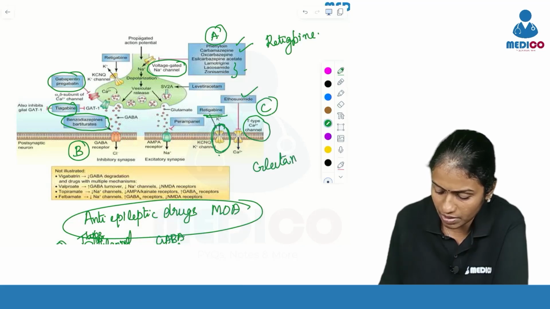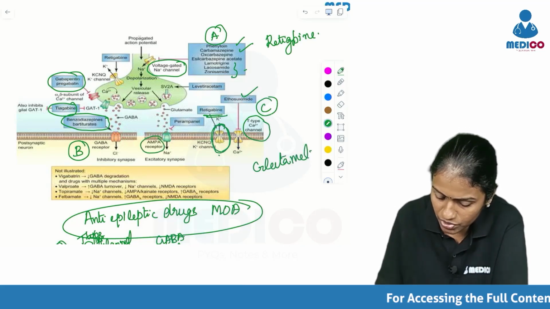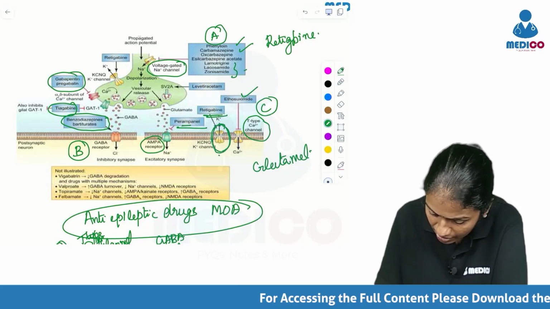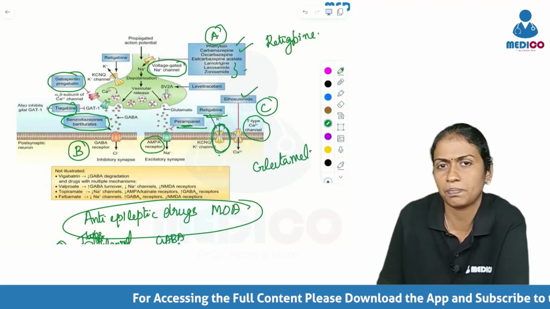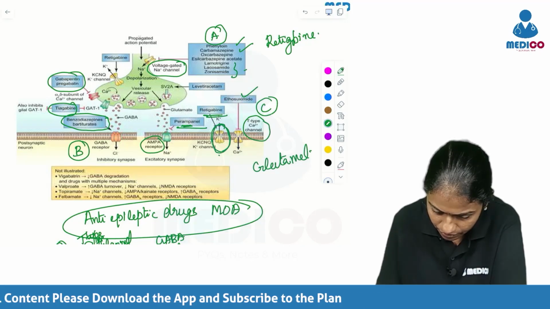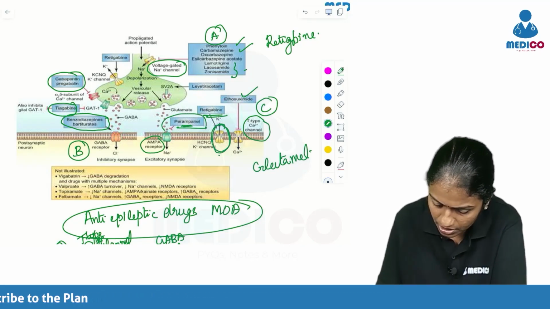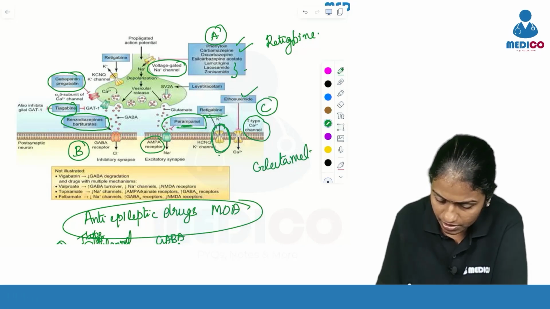Under glutamate receptor blockers, you have the AMPA receptor blocker, which is perampanel. You can see AMPA in its name itself, perampanel.